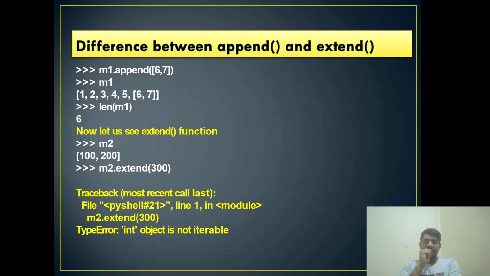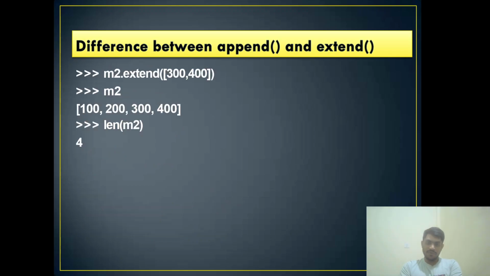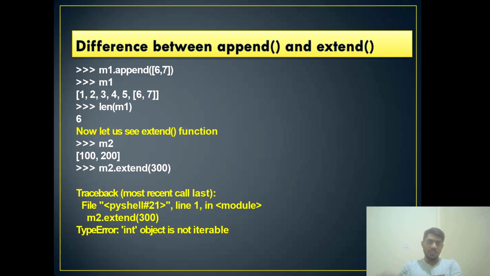Difference between append and extend: M1 dot append of 6, 7 in the form of a list, if you do that, then it will be added as a list, but not as direct elements. This is the difference.